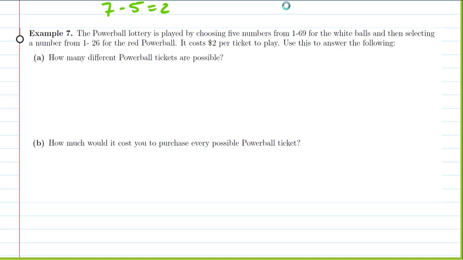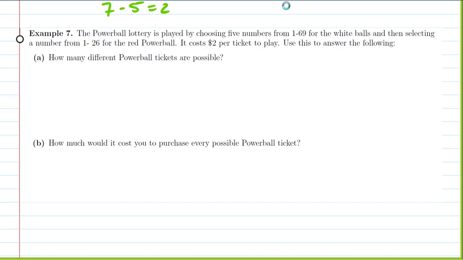So you have to pick how many numbers out of 69? 5, right? Does the order that you pick the numbers in Powerball matter? No, because when they draw them out, they just put them in numerical order when they're done, so it's easier for you to identify.